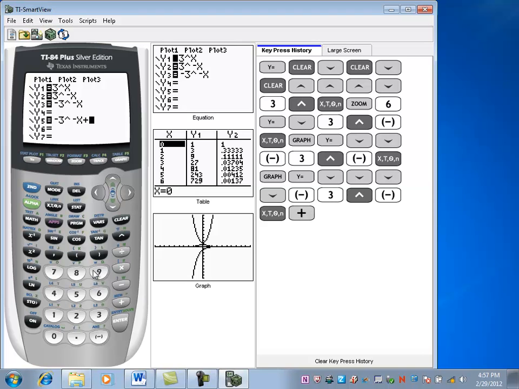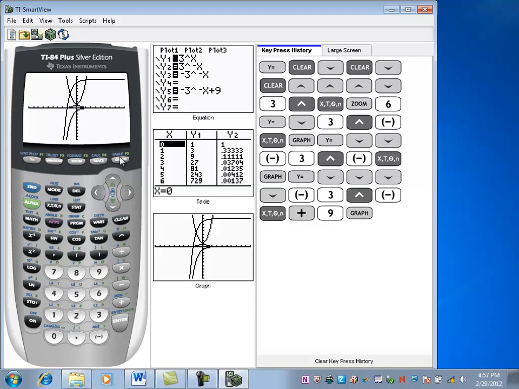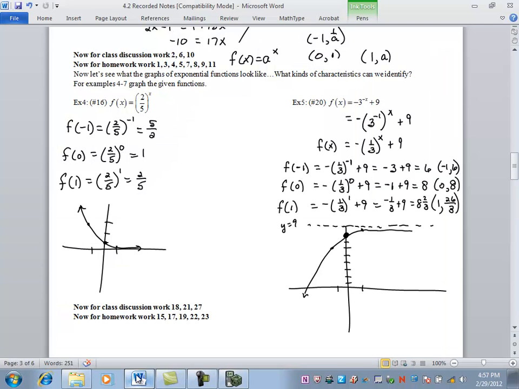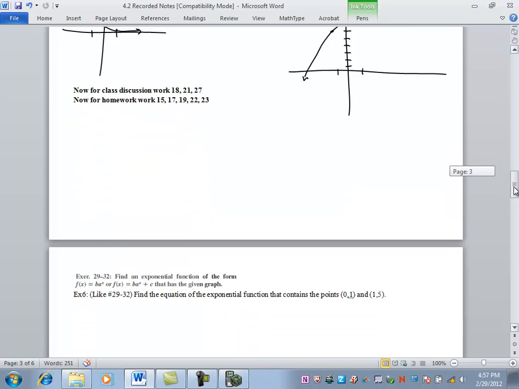Alright, and so there you go. You can think of that one of two ways. You can use our 3 basic points, letting the input be -1, 0, and 1. Or you can look at our basic function and go to the shifts and reflections. Entirely your call.